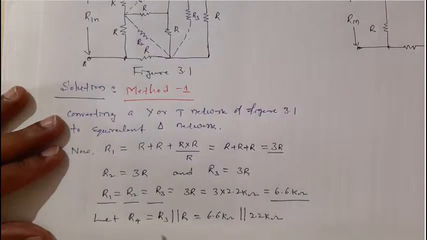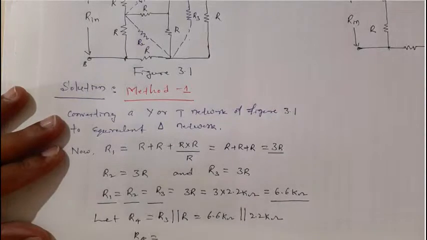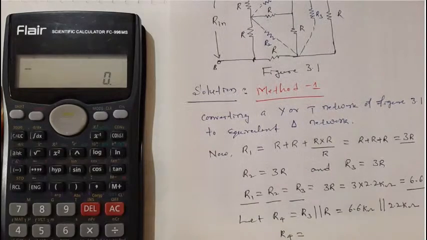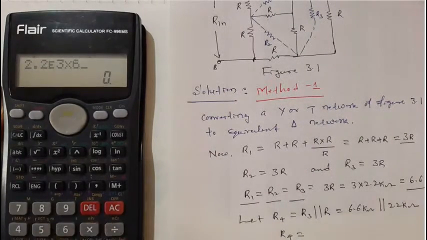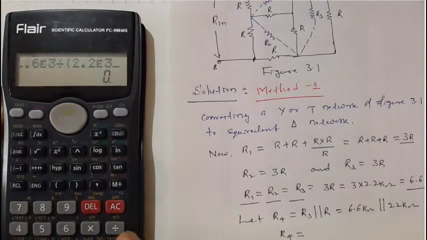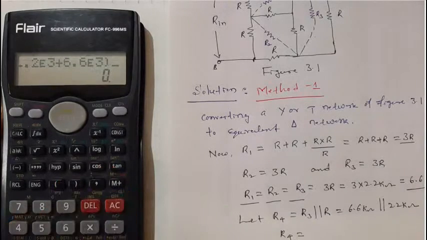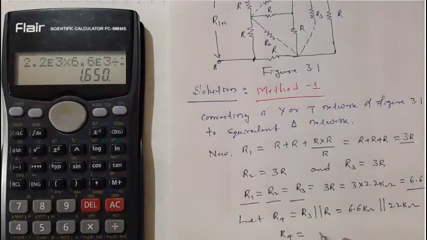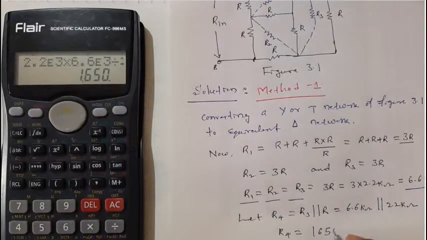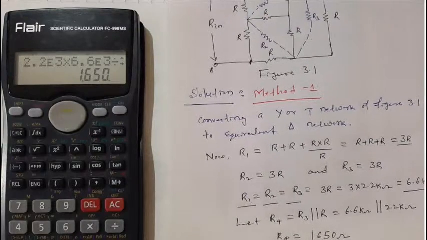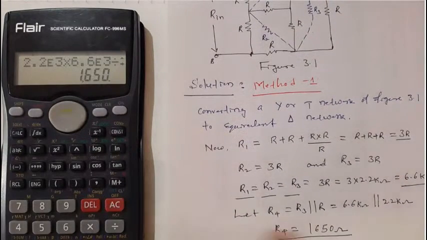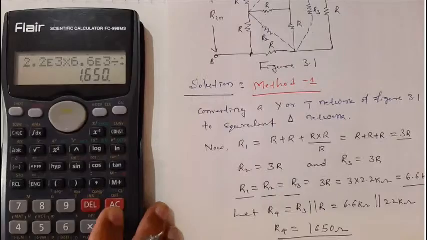And this R4 will be equal to, how much we get, 2.2k into 6.6k divided by 2.2k plus 6.6k, is equal to 1650 ohm is the R4. R4 value is 1650 ohm.